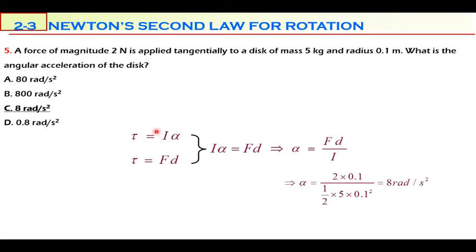If we know the I for this disk, we can use the other definition of the torque, and we can calculate angular acceleration. These torques are equal. In fact, they are defining the same thing in two different ways. One of them is the cause of the torque, the second one is the effect of the torque.